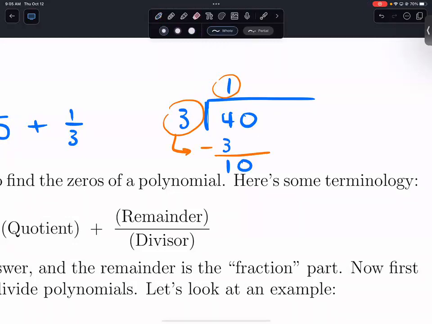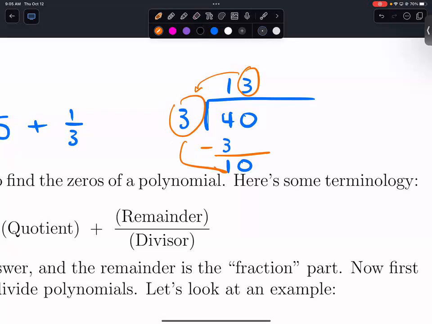And then do that all again, right? 3 goes into 10 3 times. So I put a 3 as the next part of the quotient, the answer, if you want. And then multiply again. 3 times 3 is 9. Subtract again. 10 minus 9 is 1. And then we either add a decimal point and keep going, or say, okay, this is the remainder because 3 doesn't go into 1.